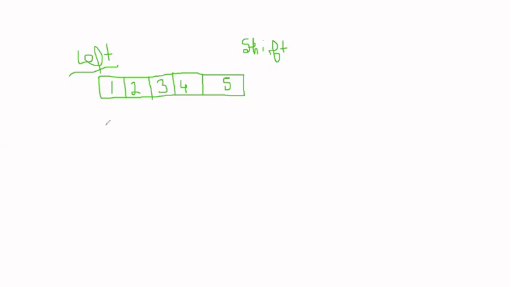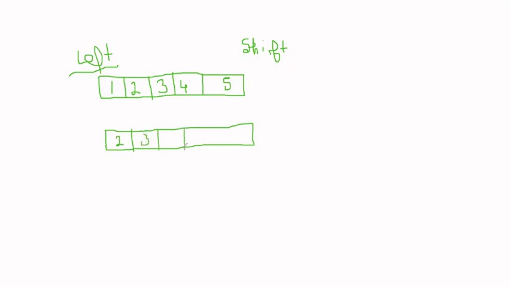If we perform a left shift operation on this, what should our output array be? It should be something like this, with everything shifted one position to the left. So at 1 it should be 2. At 2 it should be 3.